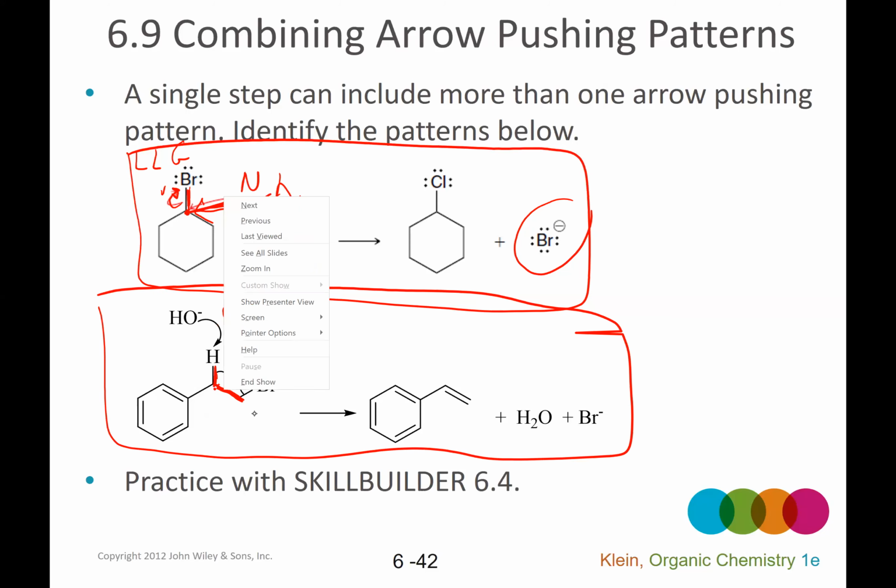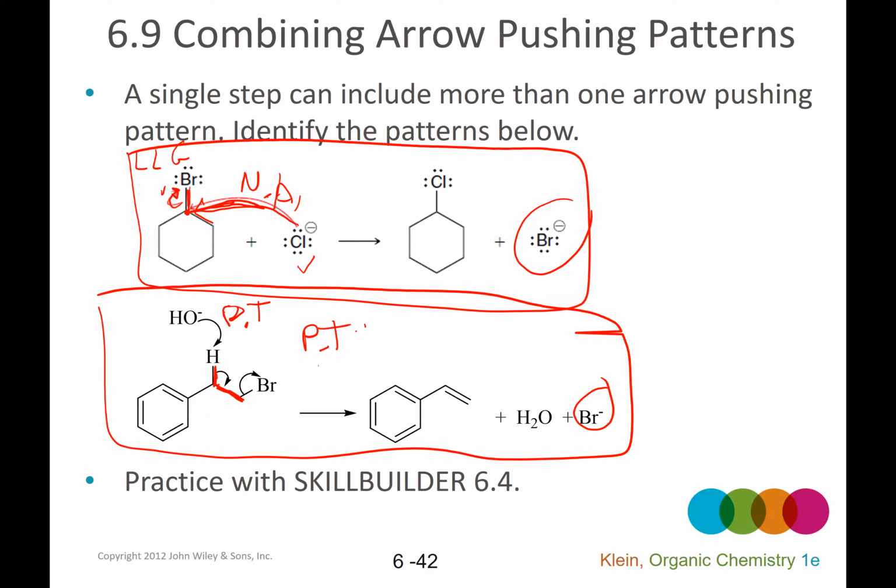And this bond is breaking. See, these electrons are moving onto the bromine. So the bromine is being kicked out. So this is proton transfer plus loss of a leaving group. They combined in one reaction. Not uncommon that more than one process is combined in the same reaction.